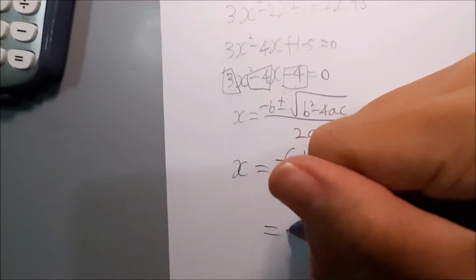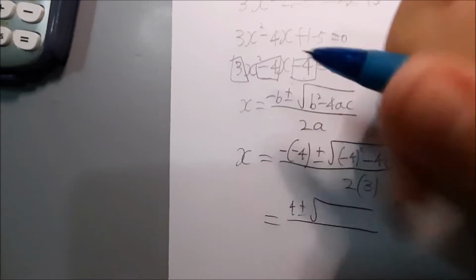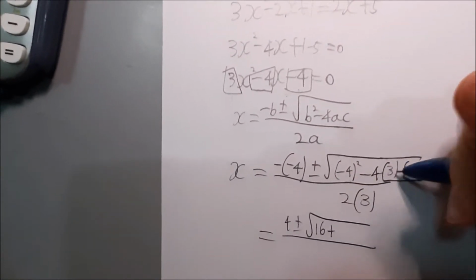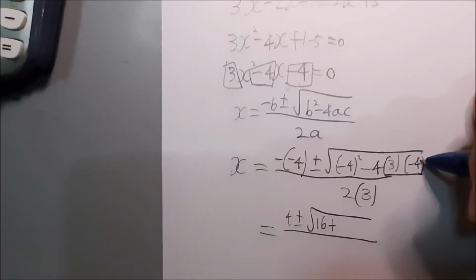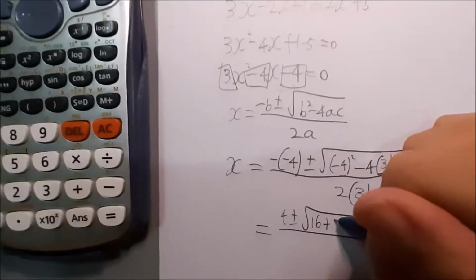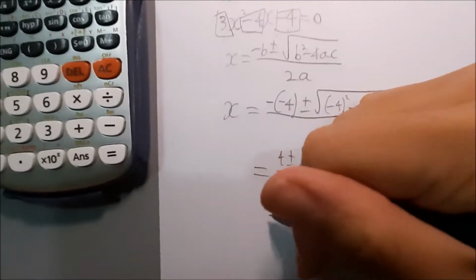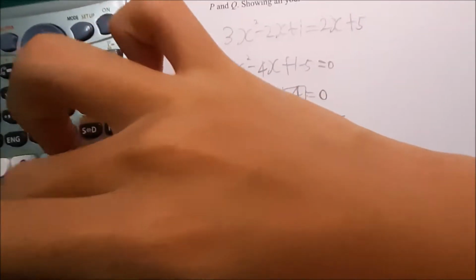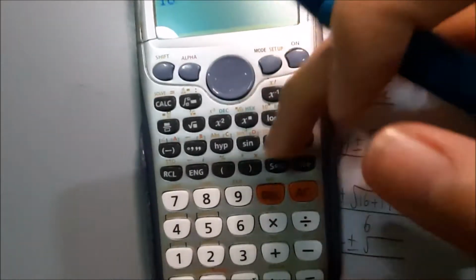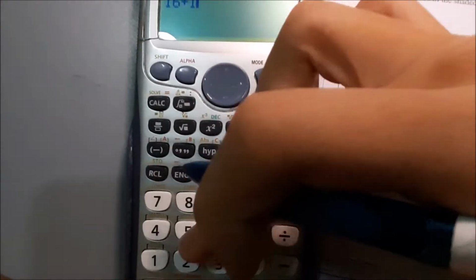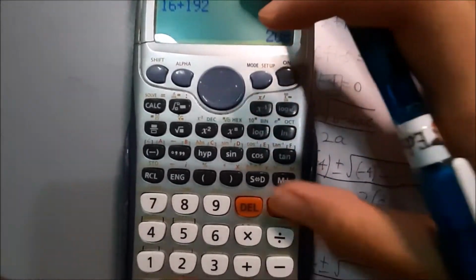So from here, if you simplify this, you get 4 plus minus the square root of 16 plus 4 times 3 times 4.